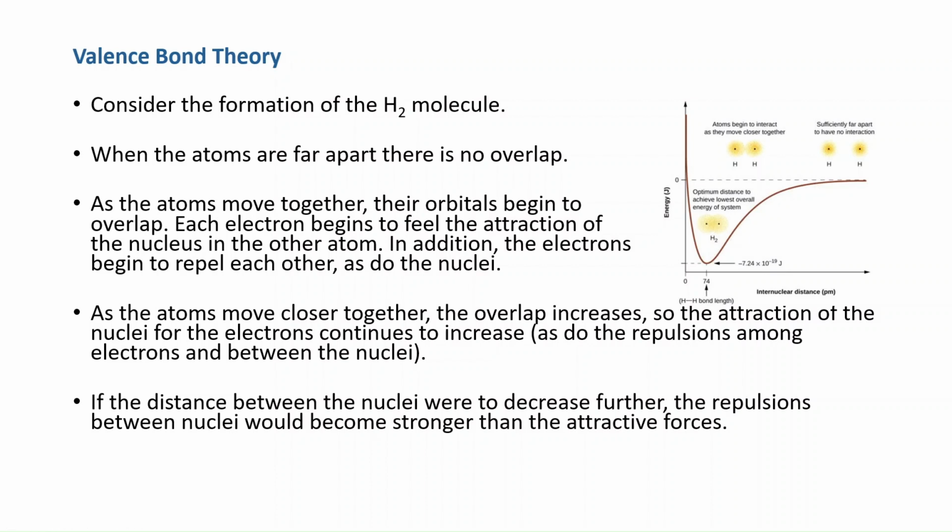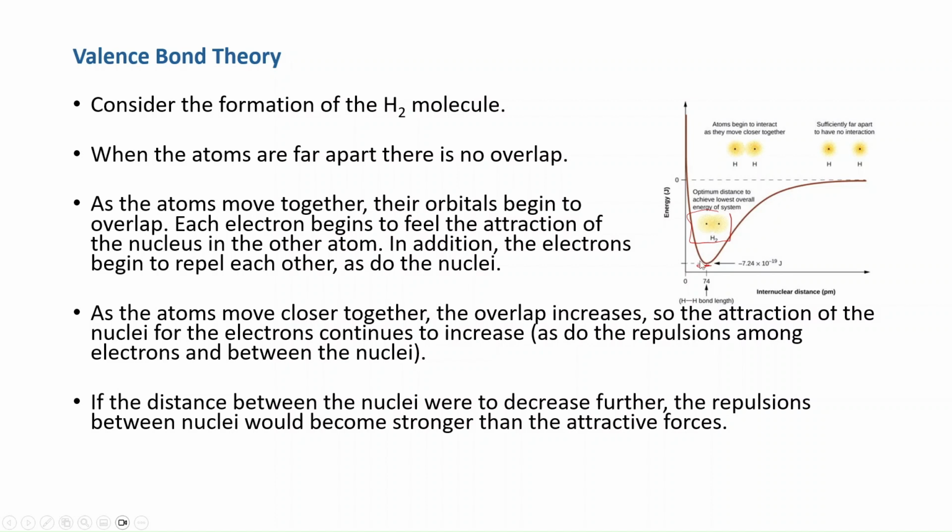But it's also feeling repulsion from the other electron. So for the time being, the attraction is stronger and the atoms keep getting closer and closer, lower and lower energy. There's going to be repulsion between the electrons, some repulsion between the nuclei, but still the attraction is stronger until you form a molecule at the right distance. And that's represented by the lowest energy.